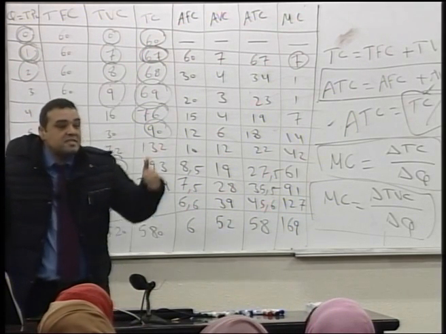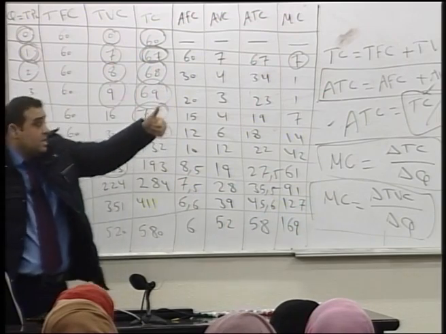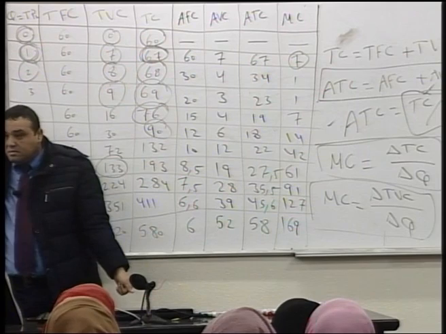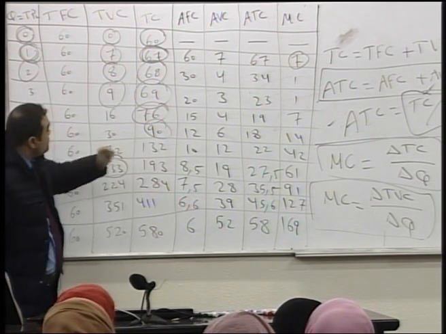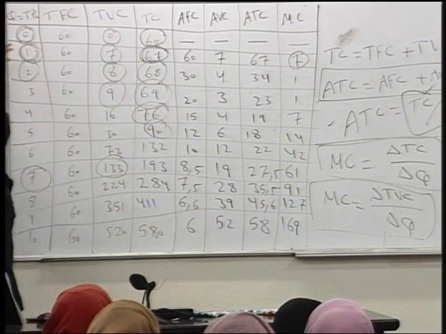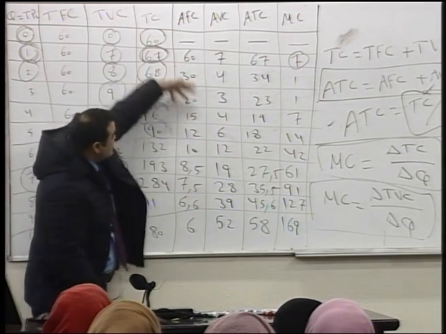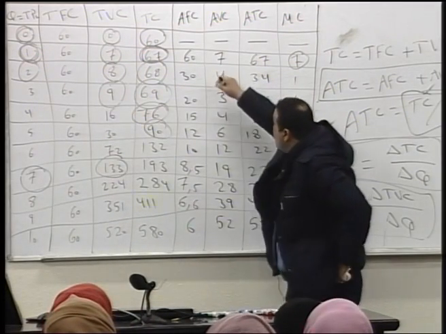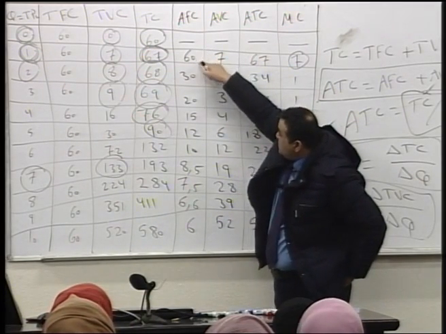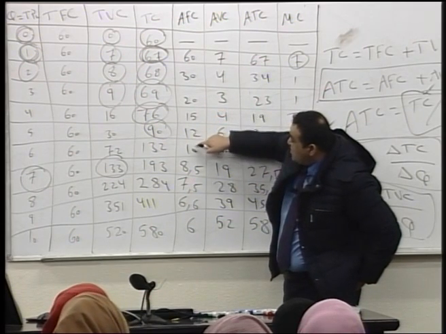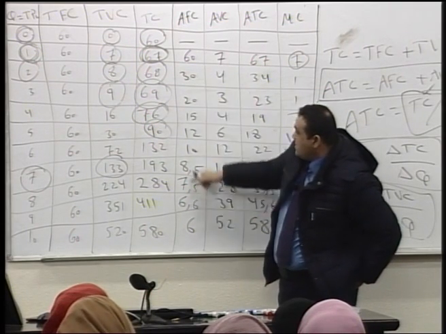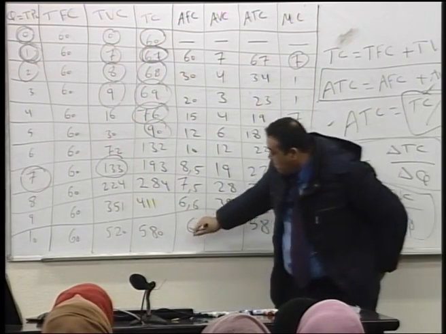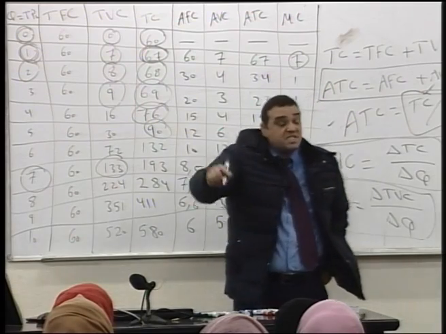Which means that there is a positive relationship between the quantity produced and the total variable cost, right? Okay. What about the quantity produced and the average fixed cost? As the quantity increases, the average fixed cost is decreasing, but it never reached zero.